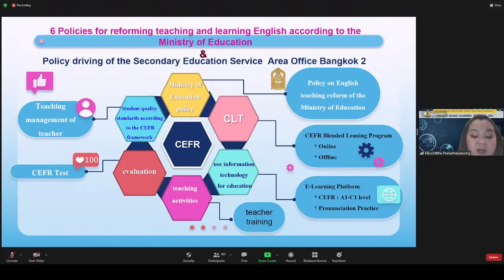So the fifth, upgrade the teacher teaching learning ability to align with communicative-based learning CLT approach in the accordance with CEFR frameworks as a teacher fundamental knowledge trained teacher training, and last, accurate use media educational technology as the development tool.